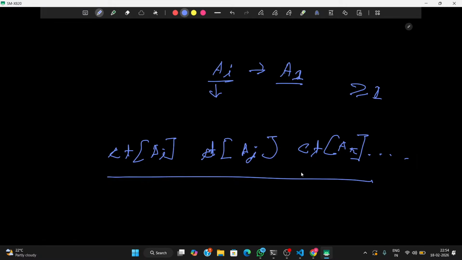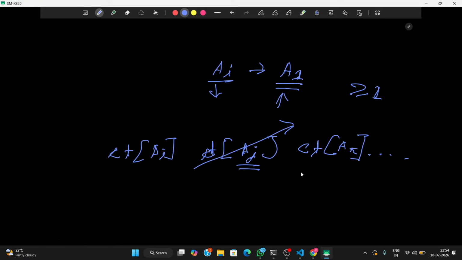Now what we see here is we cannot eliminate the first element. So we will just remove the first element from this map. Suppose this AJ was the first element. So we will just erase this from the map, as we cannot reduce the occurrences of this particular element to zero. Okay. So AJ is gone.